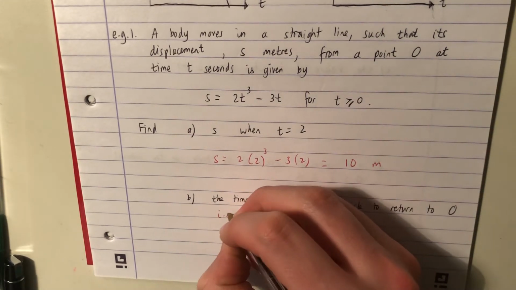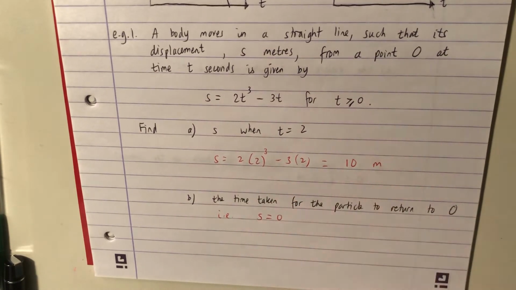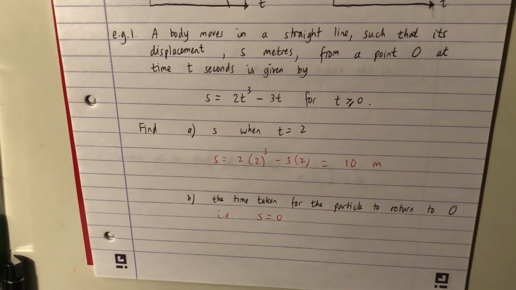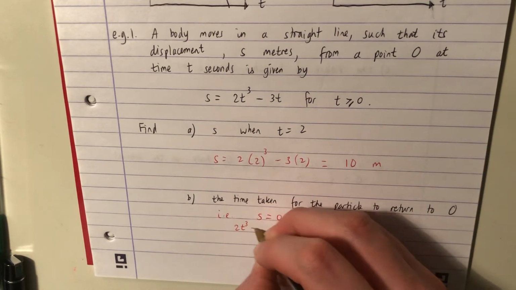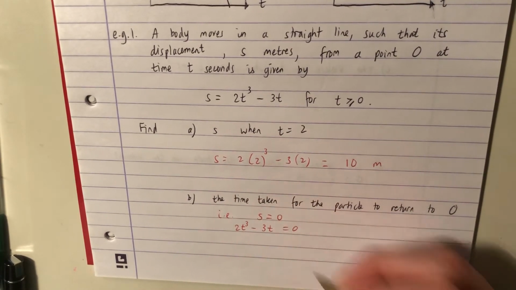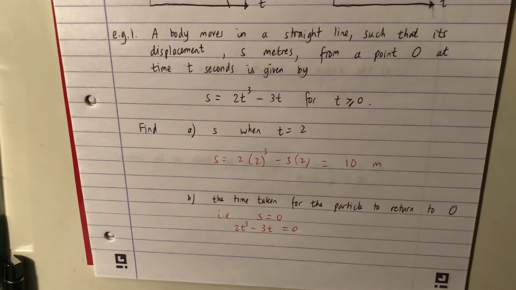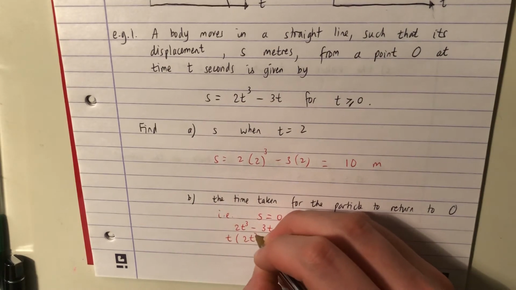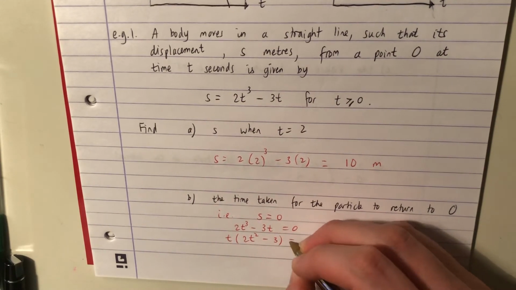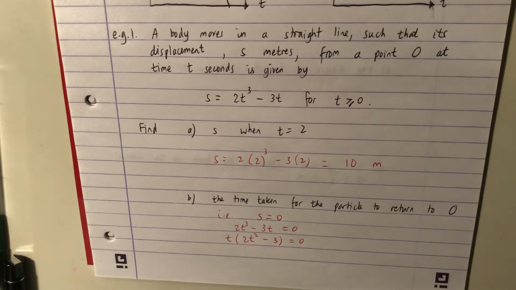So in other words, s is equal to 0, and you generate an equation: 2t cubed subtract 3t is equal to 0. And then from pure maths, you should know how to solve this type of equation. It's a cubic, but it has a common factor, and you factorize: t brackets 2t squared subtract 3 is equal to 0.